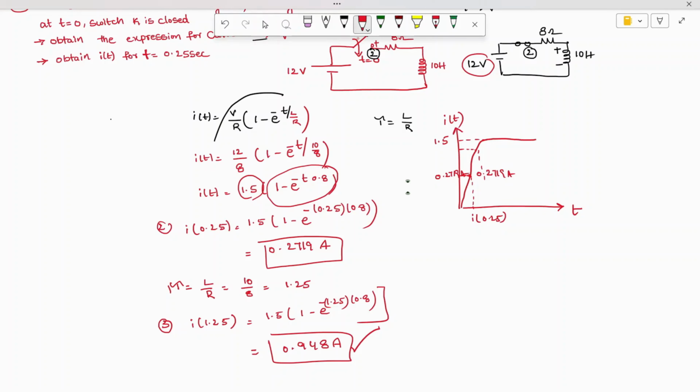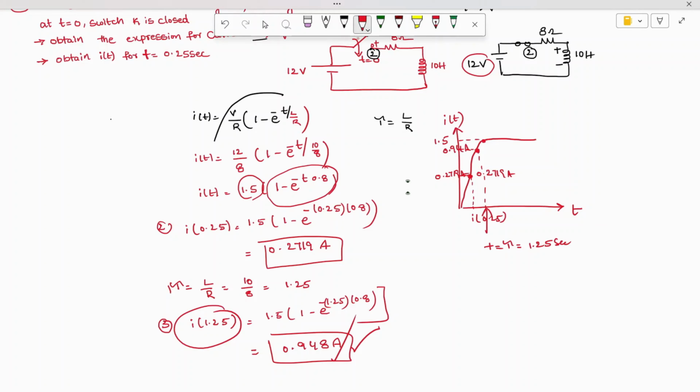Draw a vertical line. This is the time instant at t equal to one time constant. The one time constant we already calculated is 1.25 seconds. Then you are going to get this instant, and the current at 1.25 seconds is 0.94.